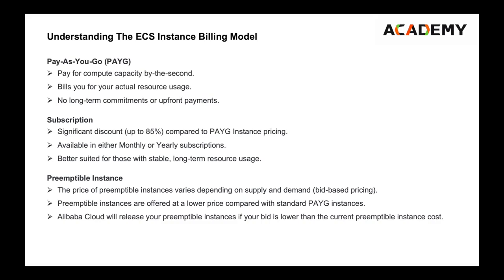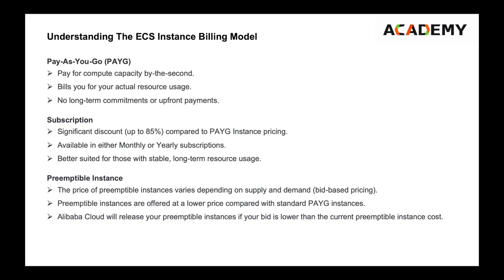You submit a bid. If your bid is greater than or equal to the asking price, then your instance starts. And we guarantee your instance will run for at least its first hour. But after that, if your bid price is no longer higher than our asking price, or if we run out of capacity for our regular PayG customers, then we can interrupt your workload and shut your instance down.